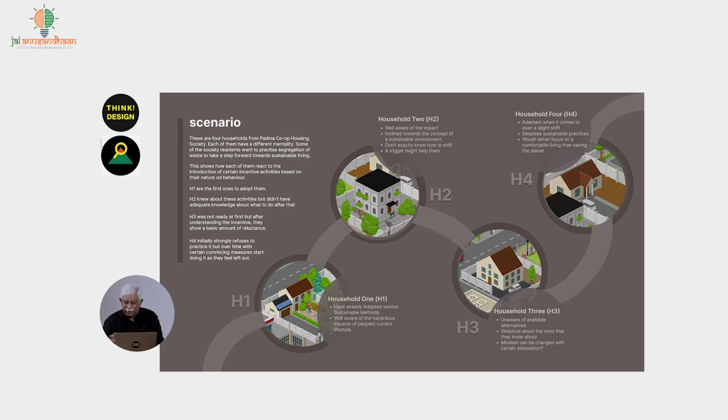Household 3 is like user group 3, who do not mind taking on sustainability issues, but do not know how to do it. If they are shown the way, they probably will adopt it. And household 4 is the reluctant ones, who need to be coaxed to adopt sustainability practices.